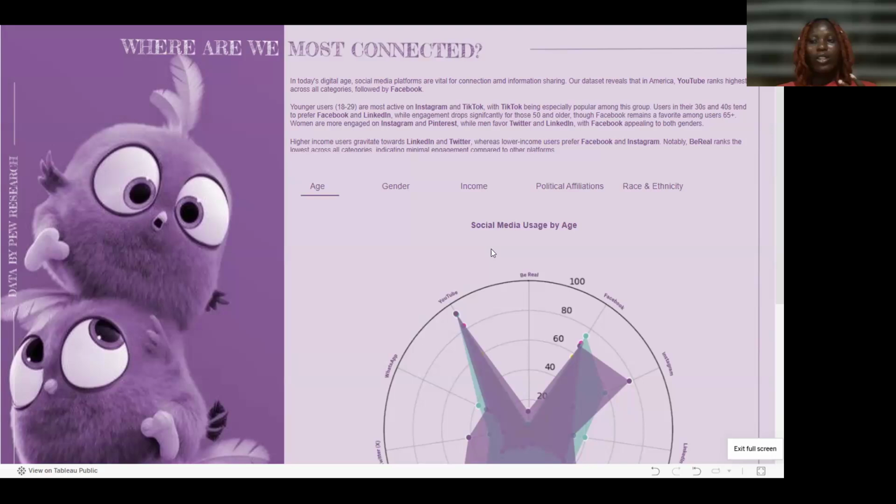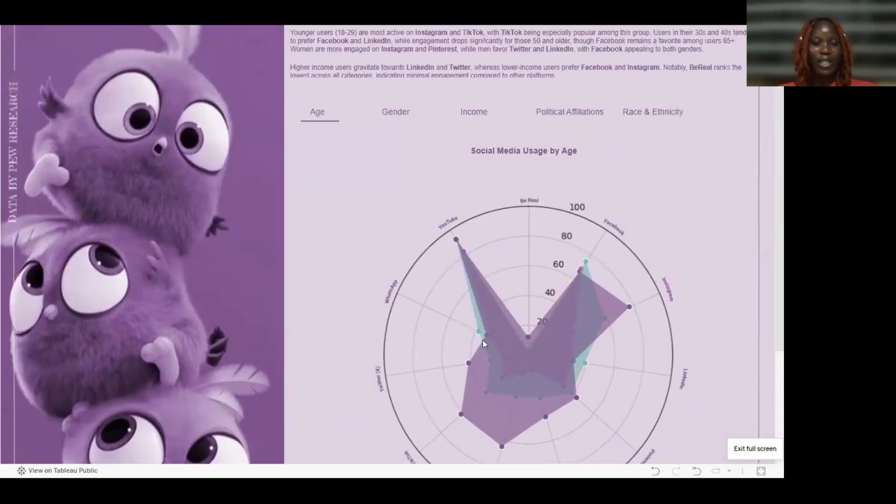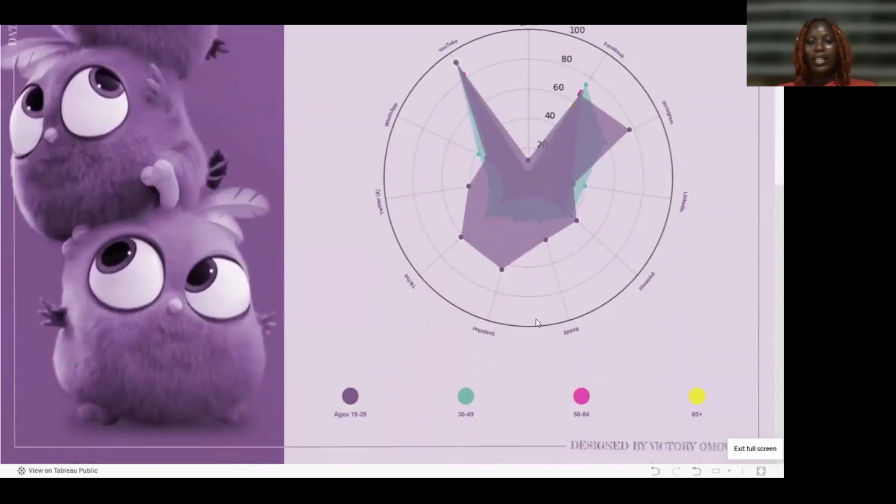So by age, this breaks down into the different age categories like 18 to 29. The green represents the 30 to 39. I decided to represent this in a radar chart, and ages 18 to 29 seem to be more dominant, but don't worry, you can always use a filter. That's one beautiful thing about the interactivity with data. So you can focus on one category like ages 18 to 29.